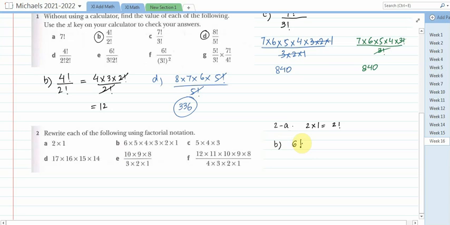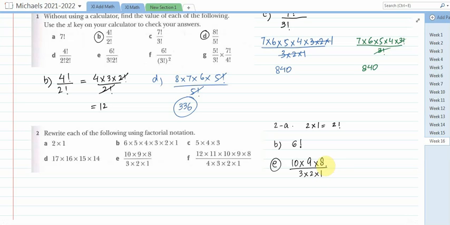But if we talk about part E, now observe closely. In part E we have 10, 9, 8 divided by 3, 2 and 1. So how can we write the question in terms of factorial notation?